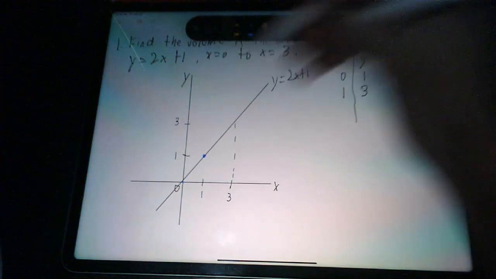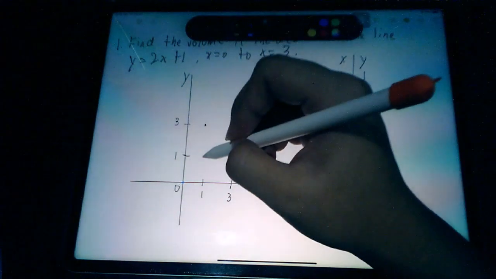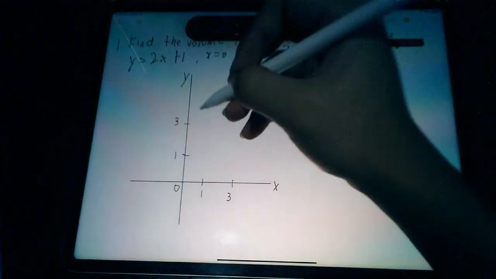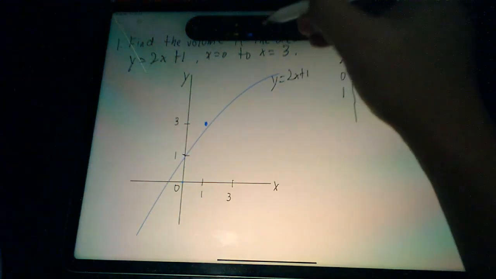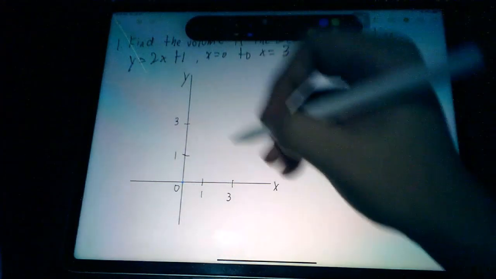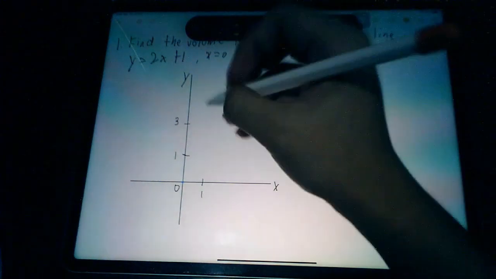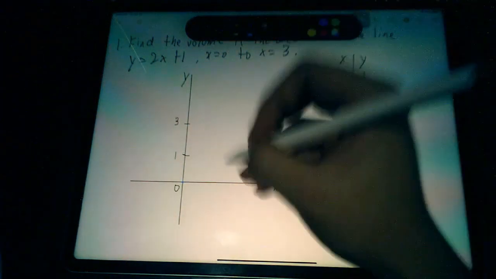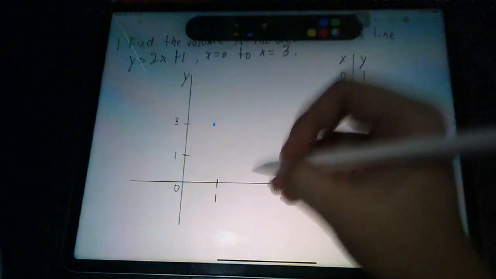Let me erase this and make it bigger. This is 1 and this is 3. Our limit is from 0 to 3.